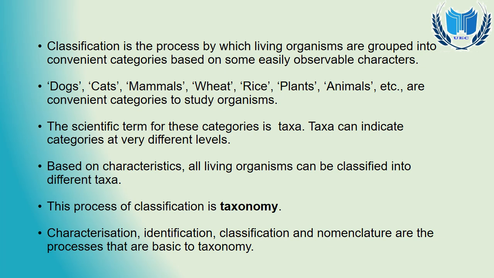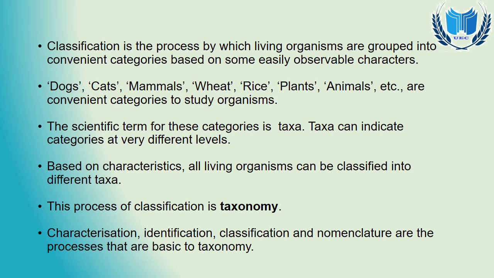Classification is the process by which living organisms are grouped into convenient categories, and they are based on some easily observable characters. Right? Observable characters means with only one sight we can say that this animal or this plant is similar to that plant which we had seen just now, right?